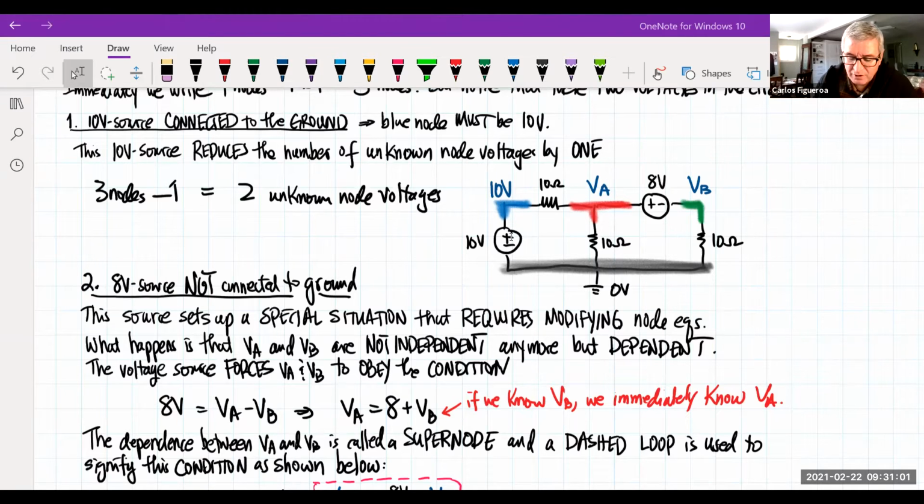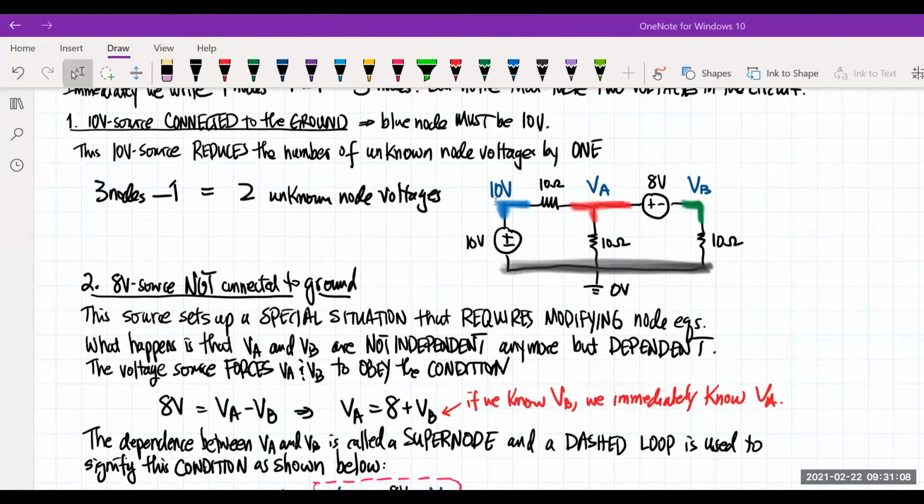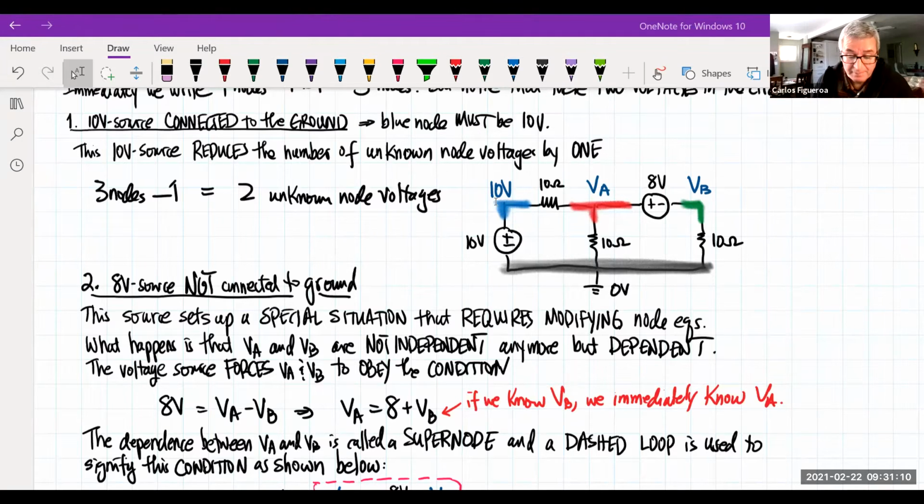So by having a voltage source connected to the ground, you immediately know what that voltage is. That reduces the node voltages by 1. So instead of 3 nodes, we now have 3 minus 1, giving us 2 unknown nodes.